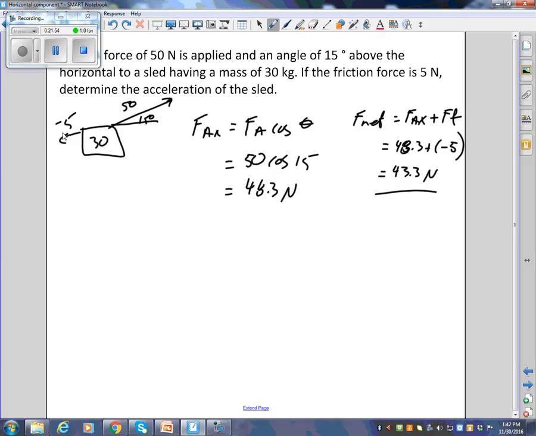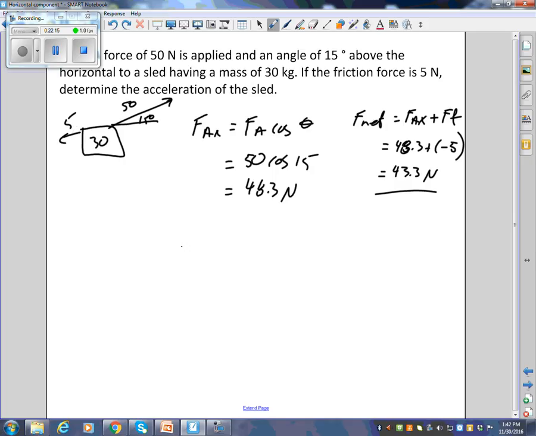I don't normally put it on the diagram. I don't care if it's there or not, as long as you do it right over here. The fact that it's pointing left tells me that it's negative to begin with. Don't get hung up on that.